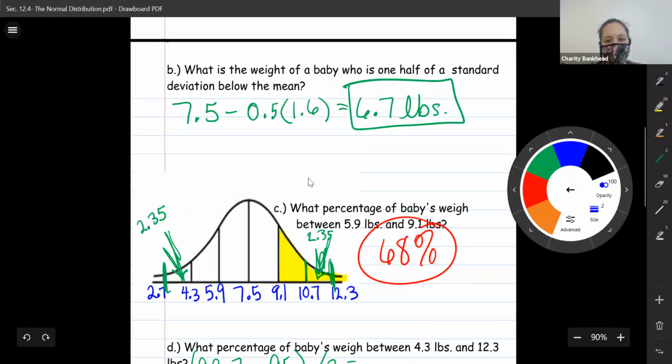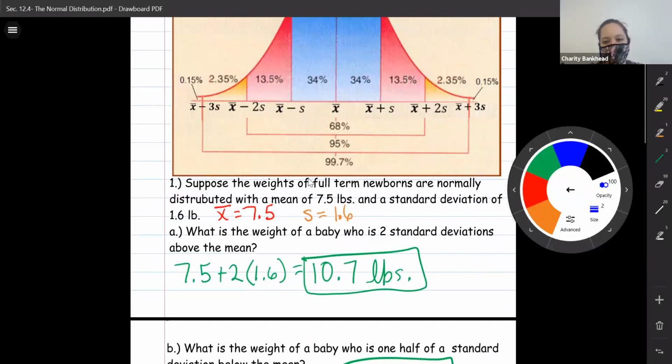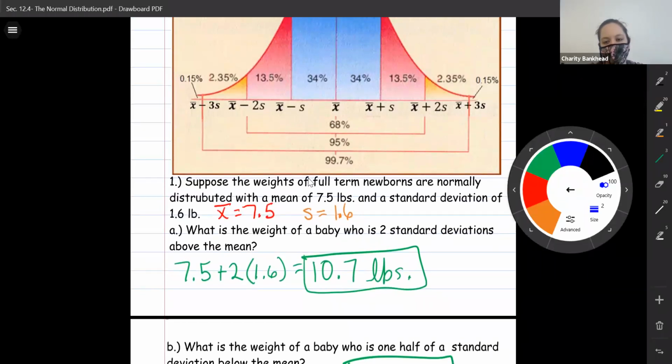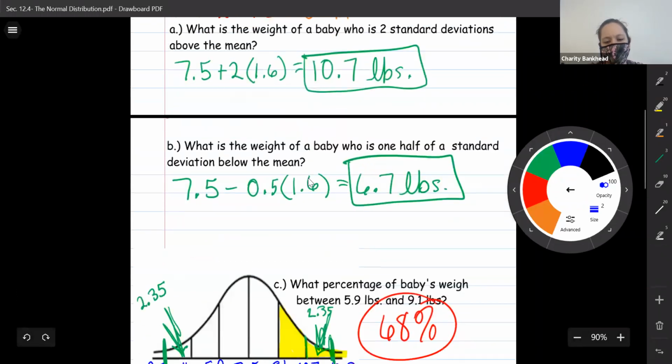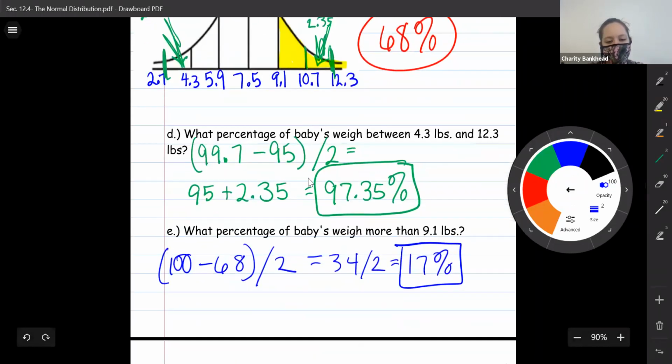Let's see, is that right? Does that sound right? Sounds right. Oh, wait. Oh, it should be 32. Yeah, 32 divided by 2, not 34.